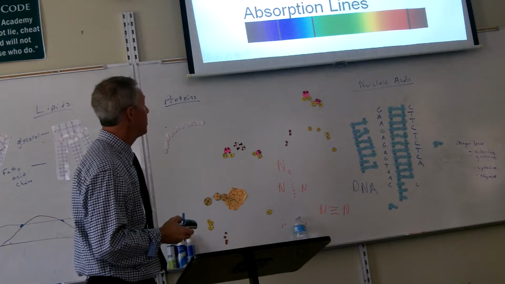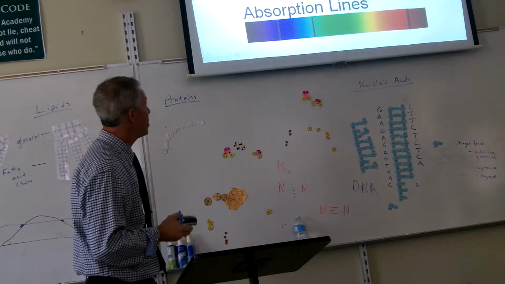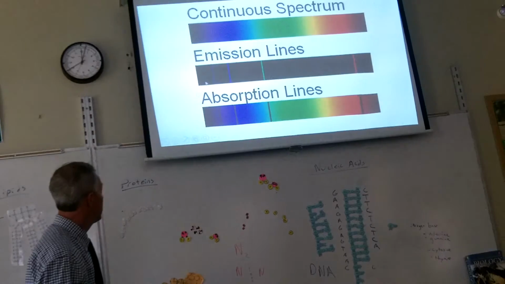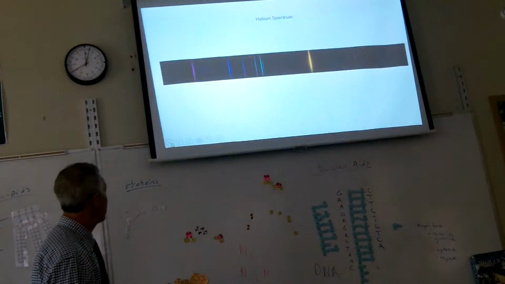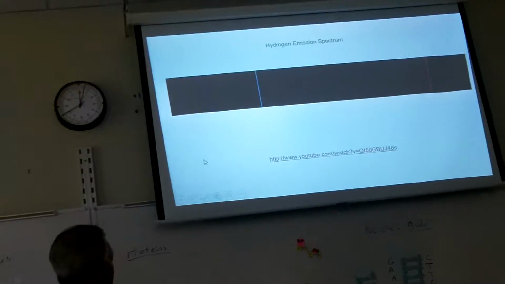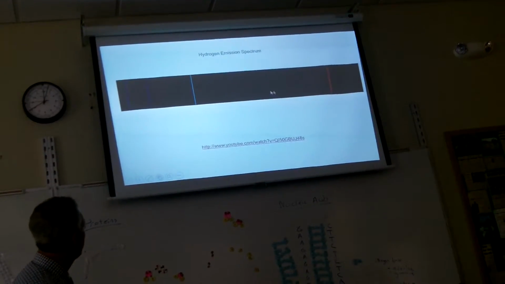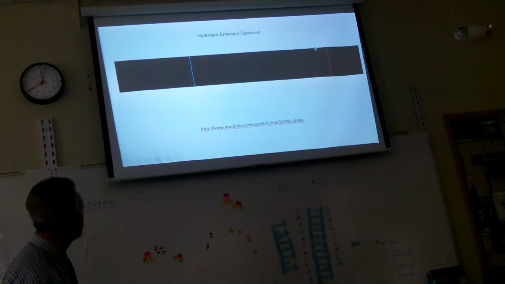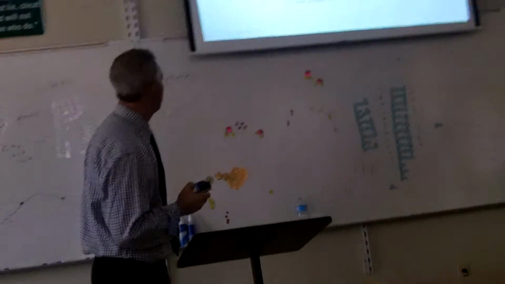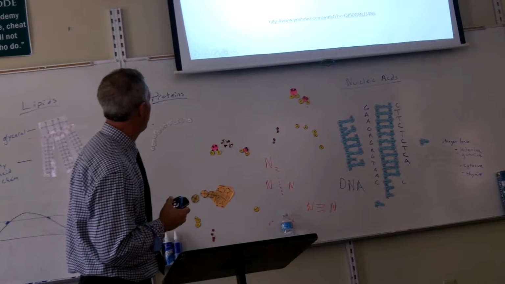Which line then is the hydrogen line? Let's go back and look at hydrogen. Here's hydrogen. This is hydrogen, so it's got the red and a light blue and a blue and a purple.